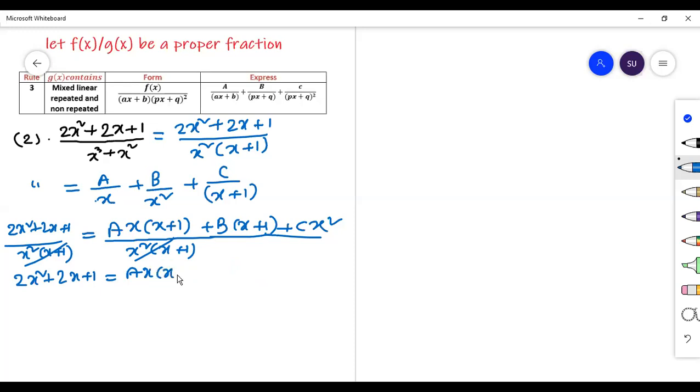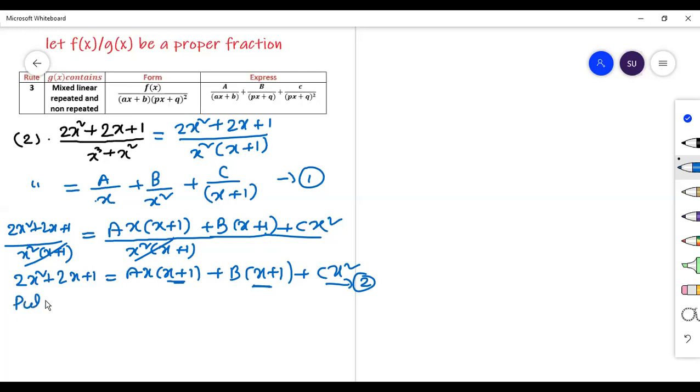Now observe the terms. For the x value we can substitute to make the other terms 0 in this equation. Put x is equal to minus 1, then it becomes 0, and we will directly get C value.